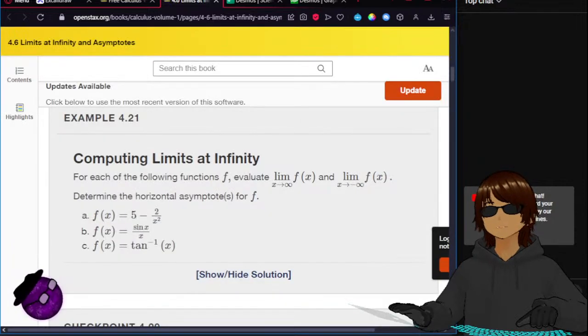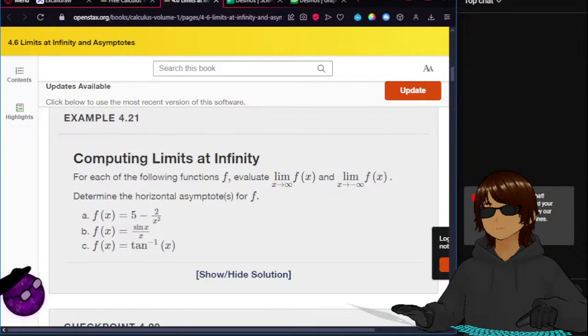As for sine x over x, this I can't remember. I remember there's a proof for it, but I think you use the squeeze theorem.